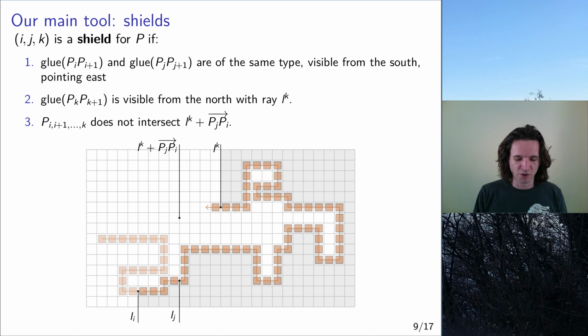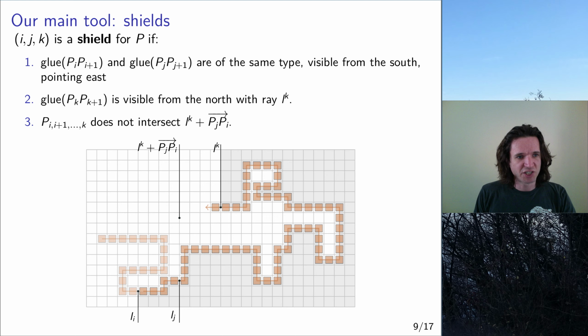A triple ijk is a shield if, first, the glue between pi and pi plus 1 and the glue between pj and pj plus 1 are of the same type. They're both visible from the south and they're pointing east. Here, visible from the south means that from that glue you can draw an infinite vertical ray to the south that doesn't intersect any other glue of the path. So here that's the case. These rays are called Li and Lj in this drawing.